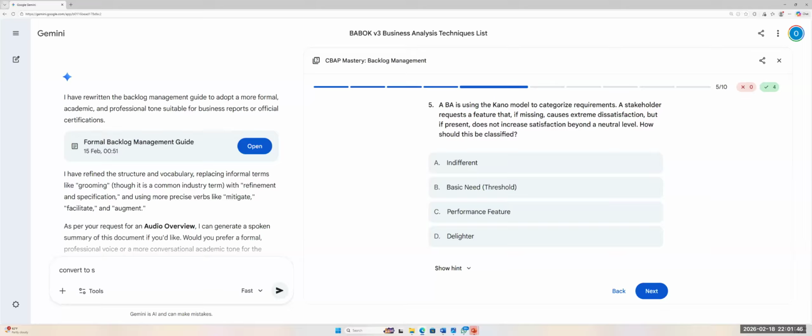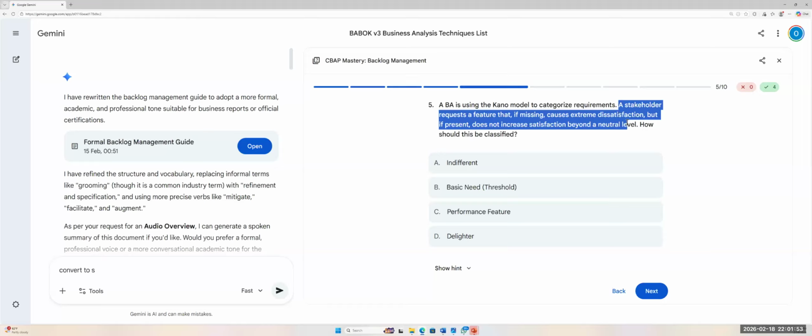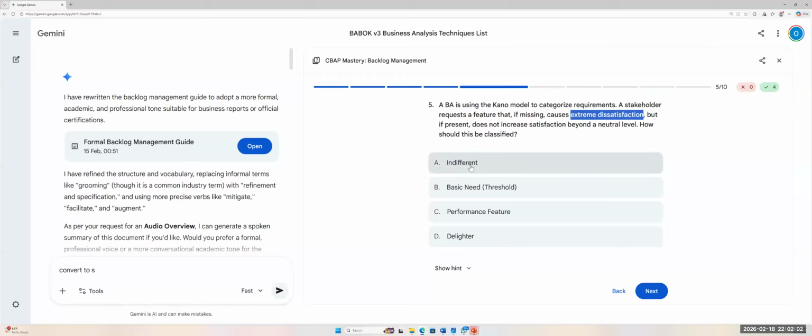So the question says that if that feature is missing, it's going to cause extreme dissatisfaction. So A is eliminated, because indifference means it's neither hot nor cold. Whether it's there or not, people would not notice.